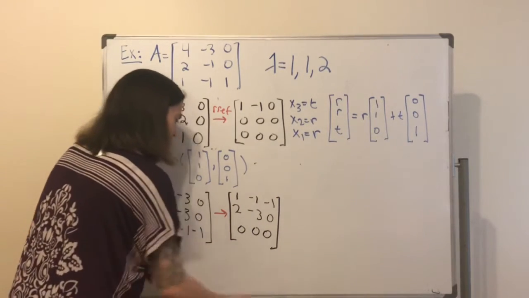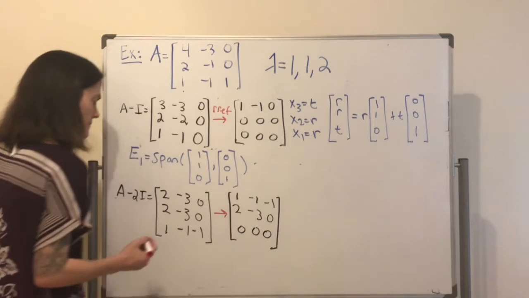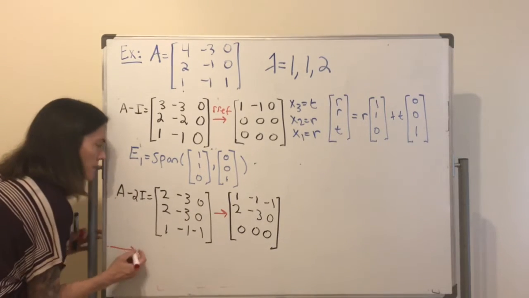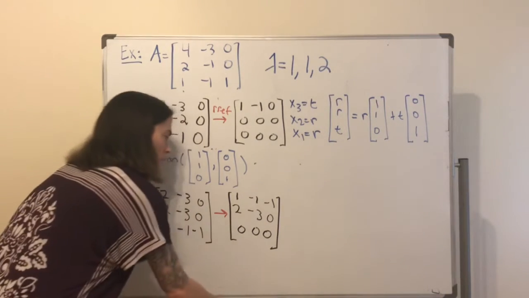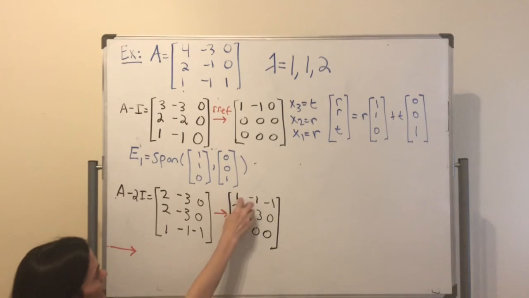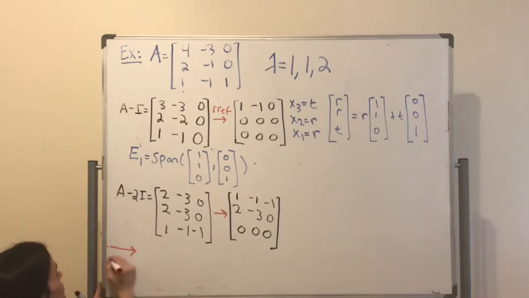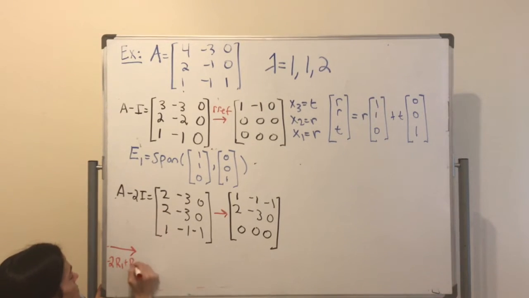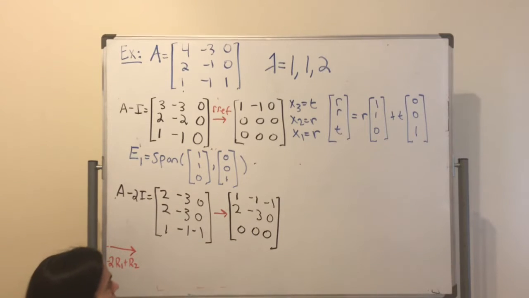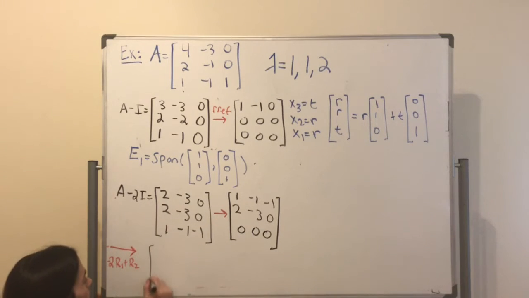Now, what will I do next? I'll come down here. I will take this one, I'll label it. I'm going to take minus 2 row 1 and add it to row 2. This is the same for the moment.